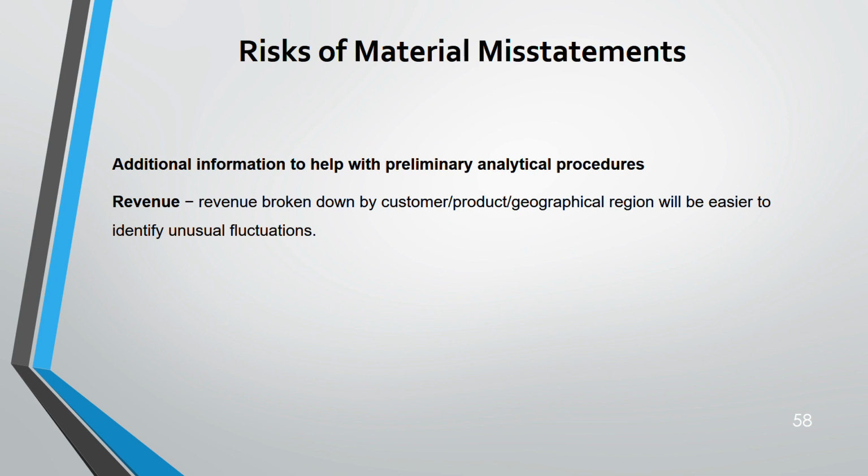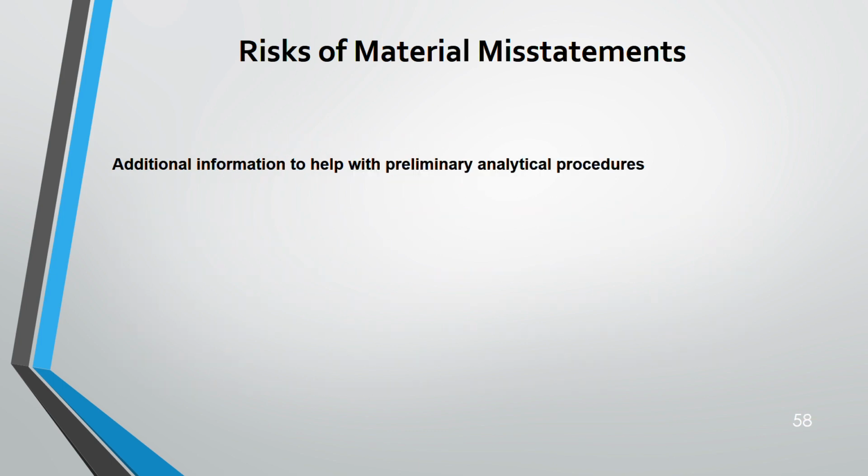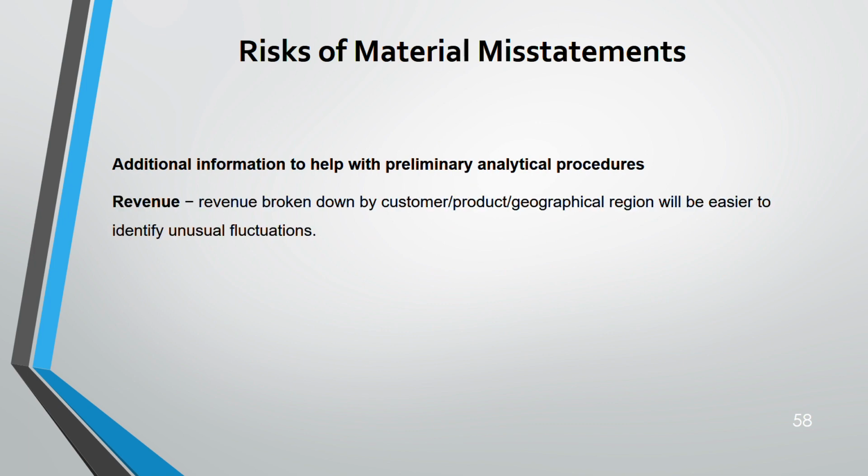Example 3. No, I think it's just 2 examples. Okay. So now you might need additional information to help with your analytical procedure. For example, revenue. See, your financial statements give you very summarized information, but you need detailed information to do this analytical procedure. They might just give you one revenue figure, the total revenue, but that revenue might be comprised of many different things.